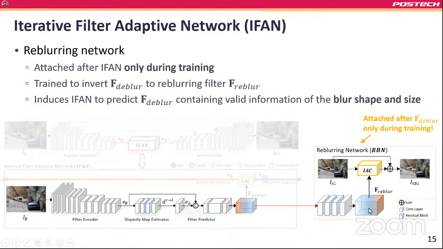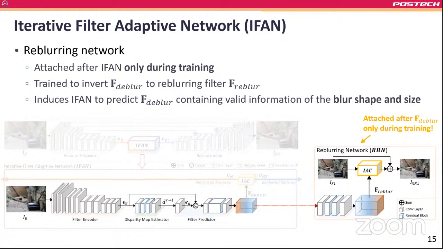When we apply this reblur kernel to the ground truth sharp image, we get the blurry input. The reason for this reblurring is that if we can successfully reblur the sharp image to the original input, that means this deblur filter contains enough information about the blur shape and size, right?